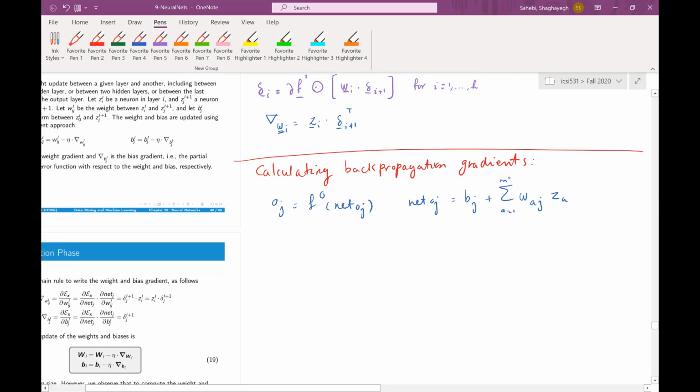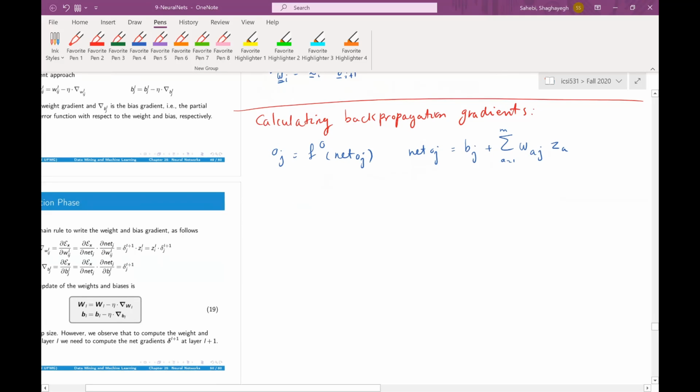Now, we know that the gradient of error with respect to one parameter Wij is what? It's the gradient of error with respect to Wij, right?